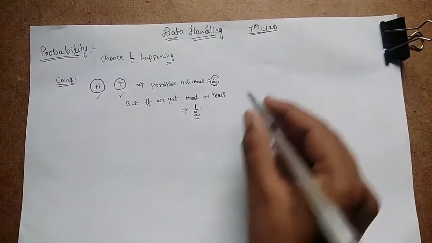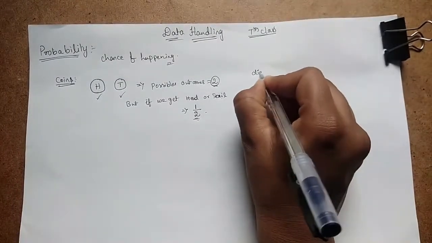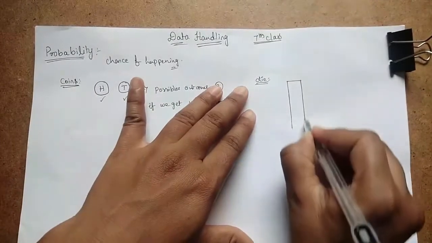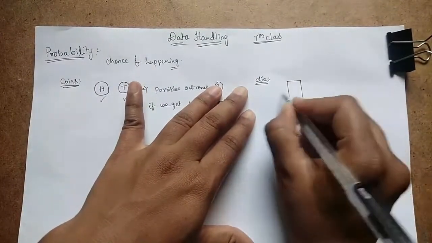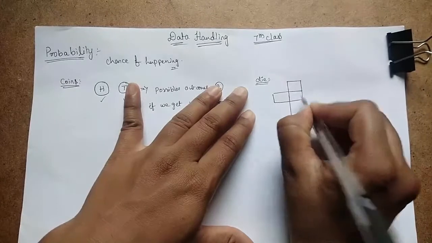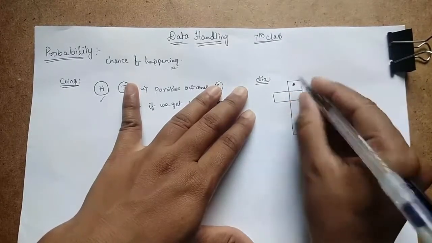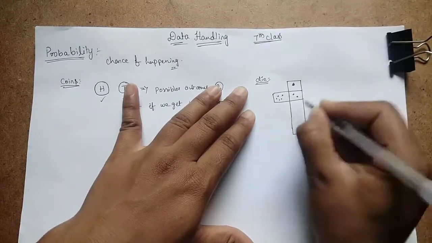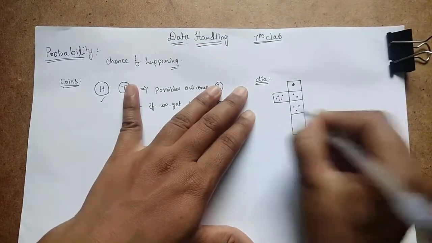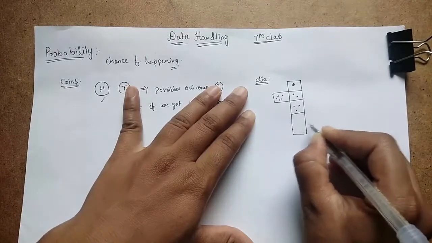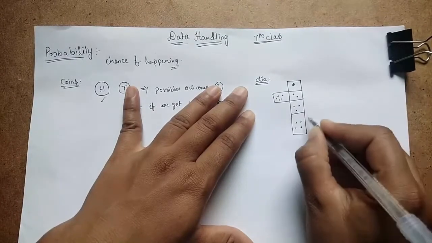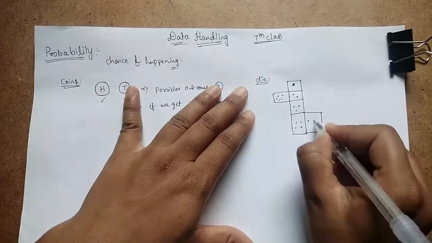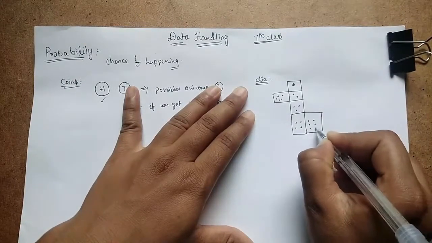If you take a dice, you all may know about dice. Now see the dice. Dice has 6 faces: 1, 2, 3, 4, 5, 6.